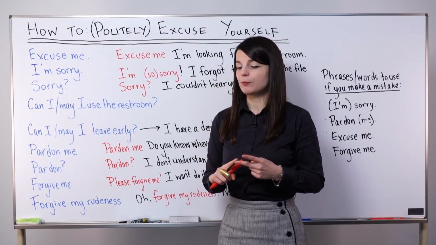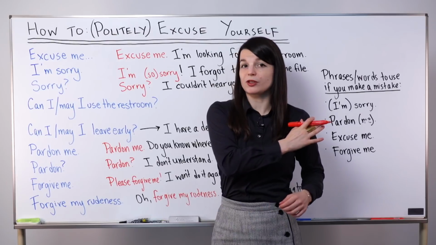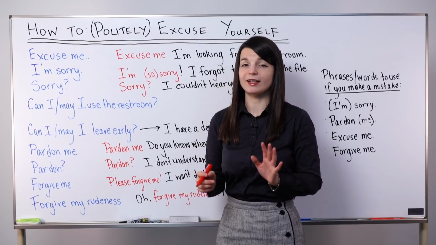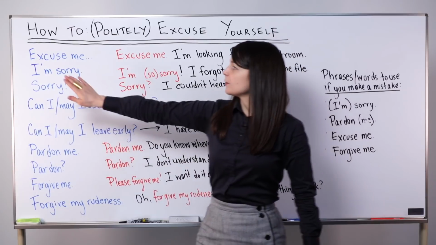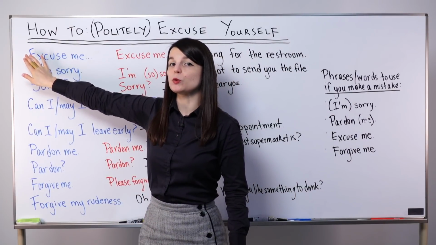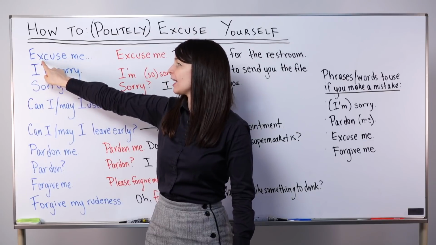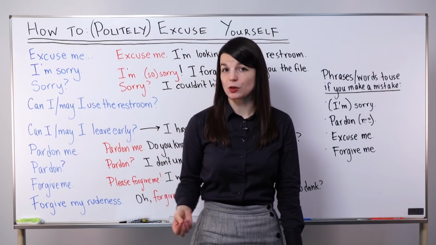So for example, if you're walking down the street and you bump someone's shoulder, you might say, excuse me, oh, excuse me. You might hear some native speakers drop this E sound. It might sound more like 'scuse me. So this X might sound like an S sound.